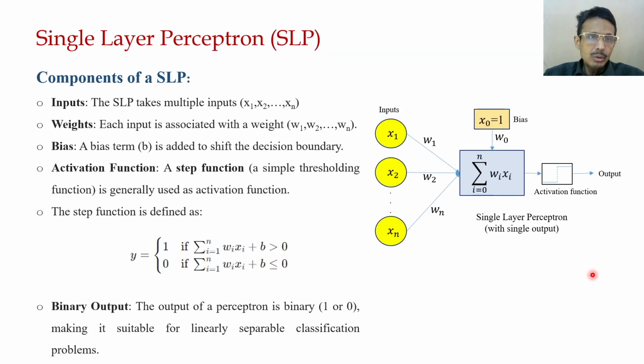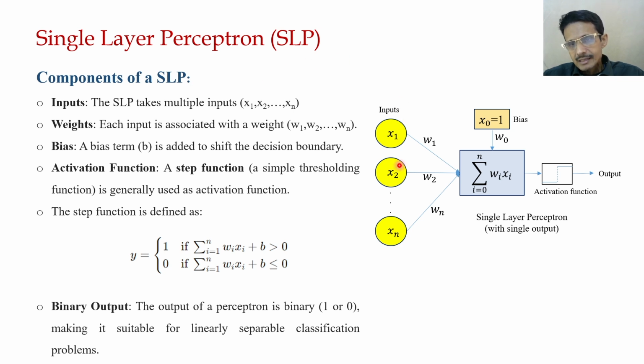Okay, so we'll start our discussion on neural networks with a very fundamental and naive neural net. It's called the single layer perceptron, or SLP. The architecture, as we can see, is very similar to a neuron. So what are the different components of the SLP?